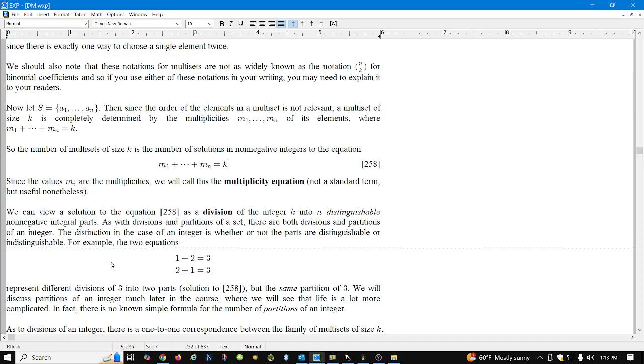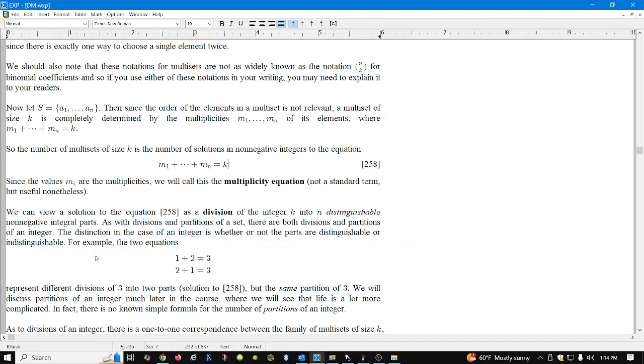I've never liked the term division in this context. It's probably because we're also used to thinking of division as an operation with numbers, but I don't know that there's a standard term here. Partitions is a standard term, so I've chosen divisions to mean the other option.